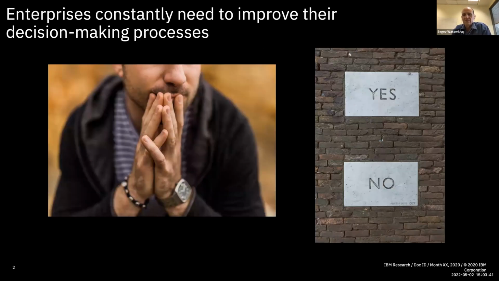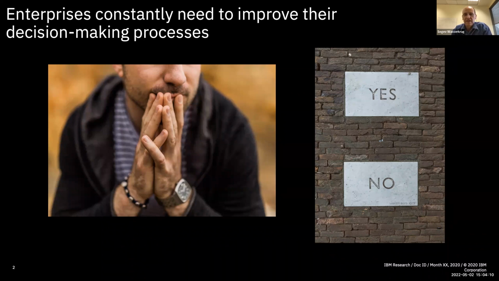Throughout my career in IBM, I've been very passionate and focused on helping IBM's clients make better decisions through formal, scientifically grounded methods. There are many ways people make decisions. Some are based on rules of thumb, some on automated rule systems.